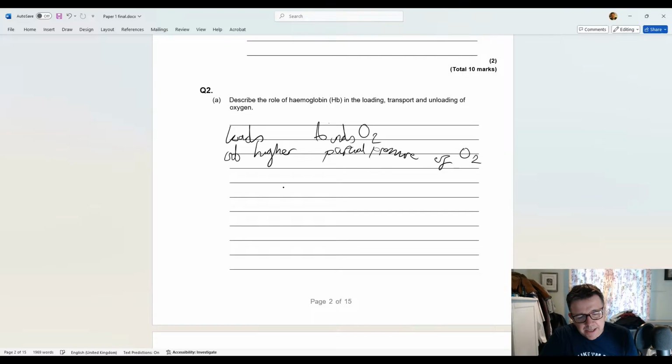Now, the thing about hemoglobin is that the first oxygen molecule to bind is quite hard, but as more bind it gets easier for oxygen to bind with the hemoglobin, and it forms oxyhemoglobin.